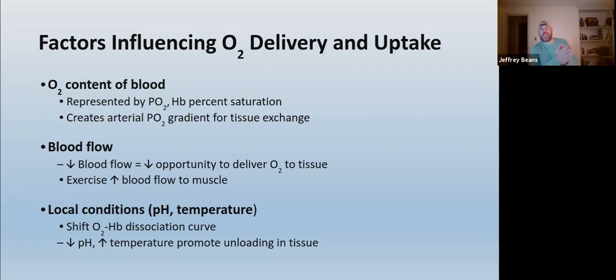So all of these things are factors of exercise, and all impact O2 delivery. So we know that as we pick up exercise, the delivery and uptake of oxygen is going to increase, right?